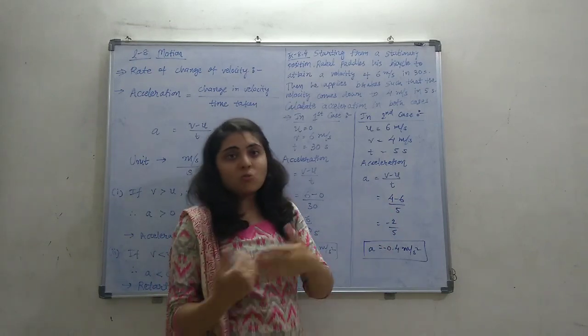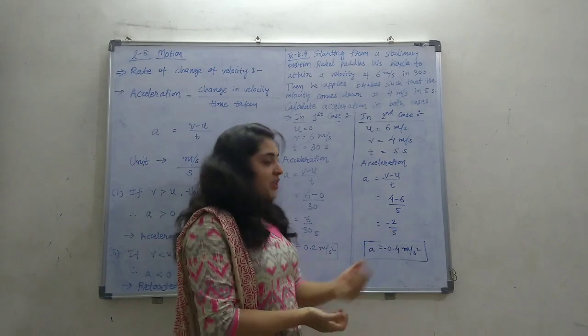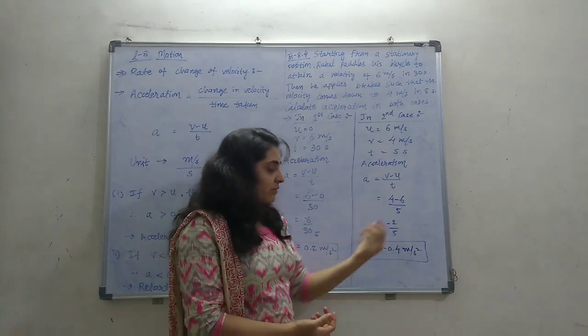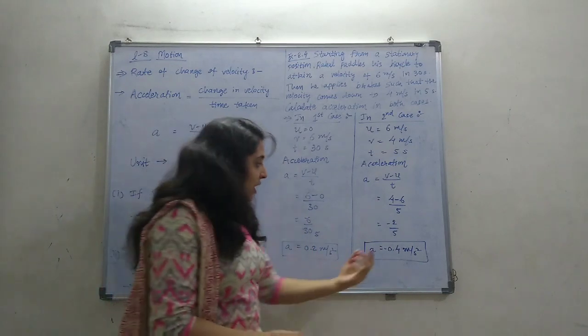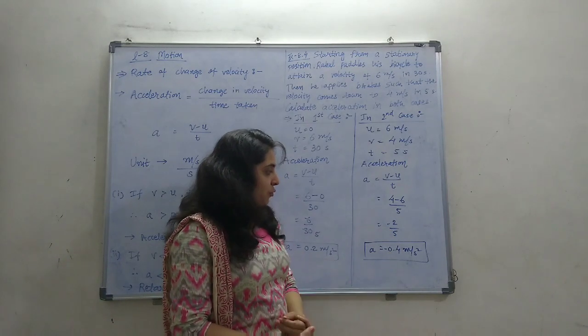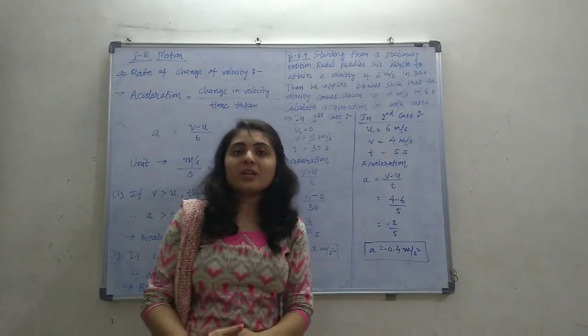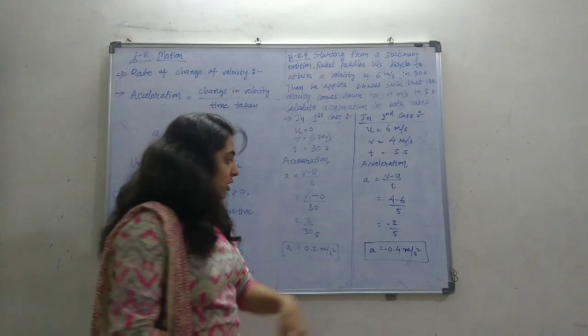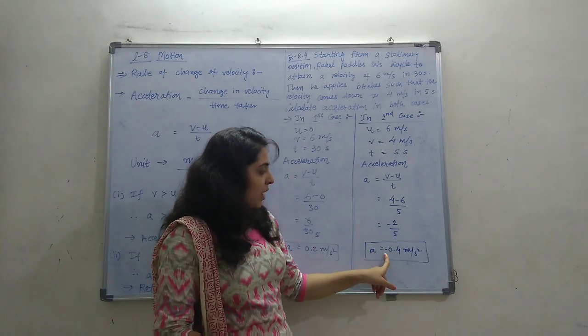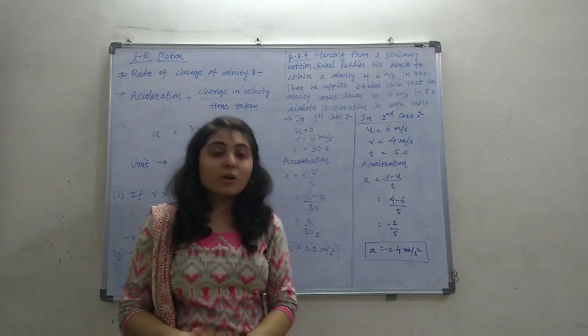4 minus 6, smaller number minus bigger number, we get a negative answer, that is minus 2 upon 5. And when we divide 2 by 5, we get 0.4. So that is negative 0.4, and the unit for acceleration is meter per second square. So for the second case, a is equal to minus 0.4 meter per second square.